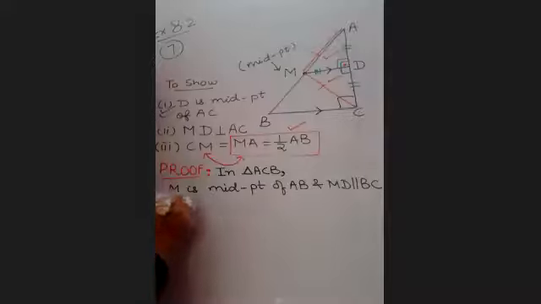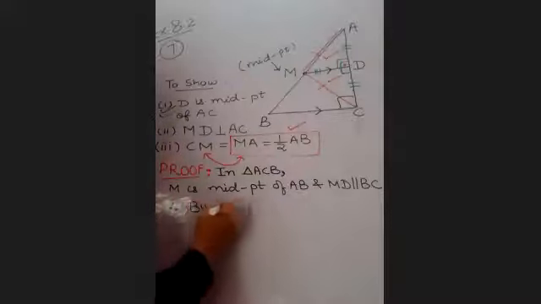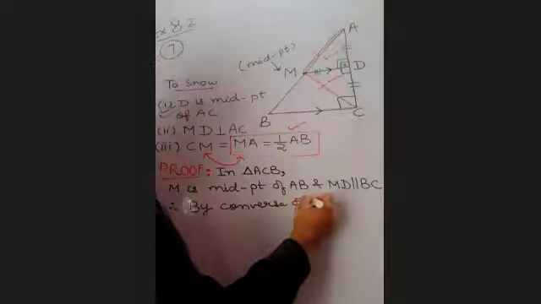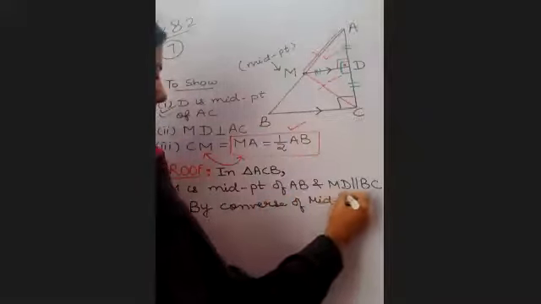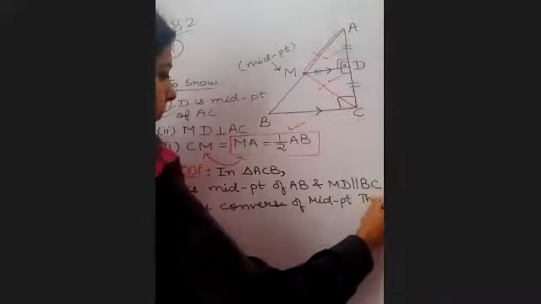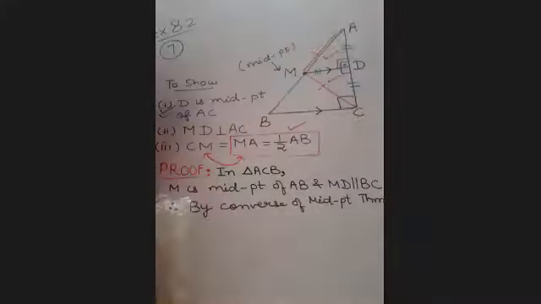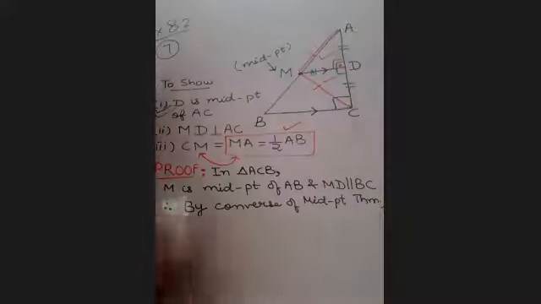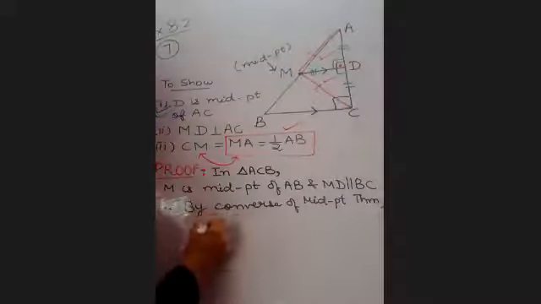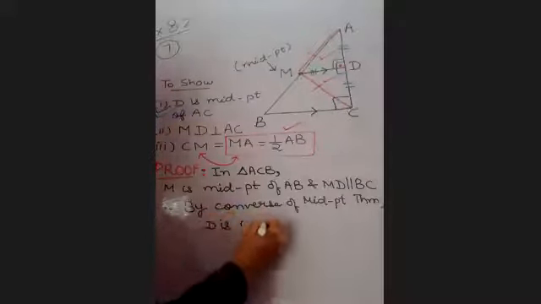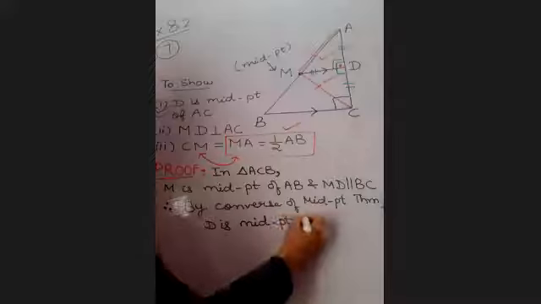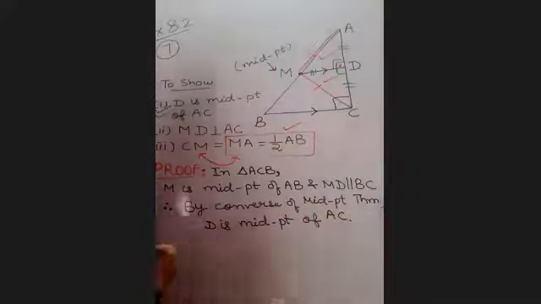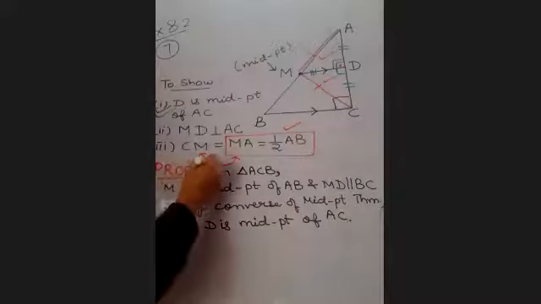So therefore, by the converse of the midpoint theorem, D is the midpoint of AC. Okay? So this was your part 1.